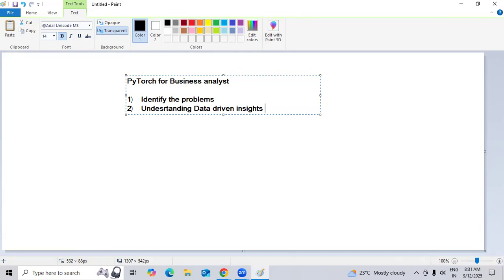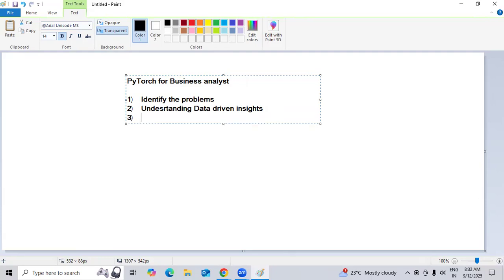So as a BA, we can use these model outputs, any predictions, risk scoring, or text summaries, so that we can guide the business teams. Business situations can be guided by us as a BA. This is the second thing.